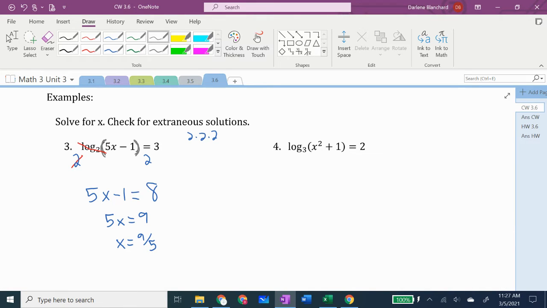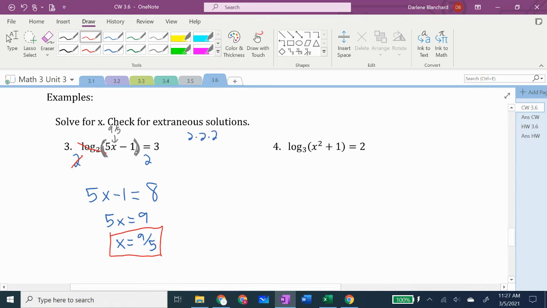If that number is 9/5, does that allow a positive number to be 5 times 9/5 minus 1? Is that a positive number? And it is, the answer to that is the number positive 8. Positive. So it is not extraneous because it's creating a positive number to go in the logarithm.